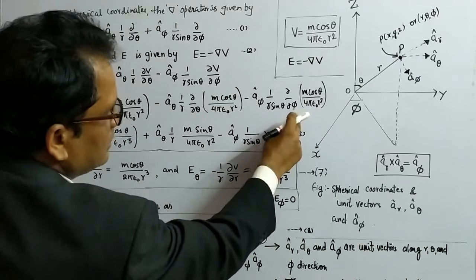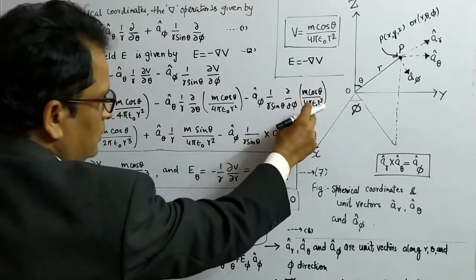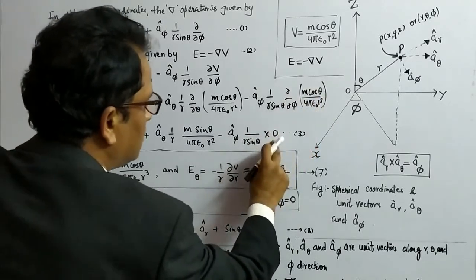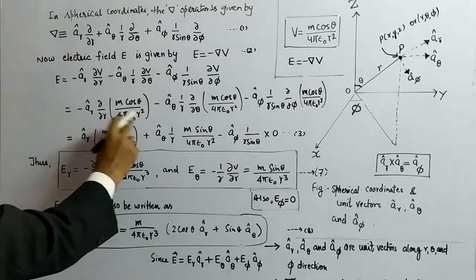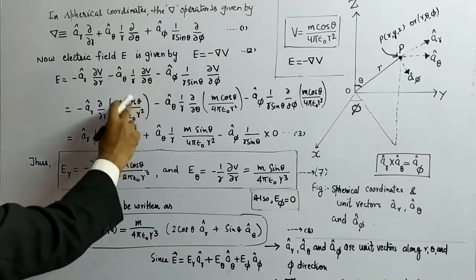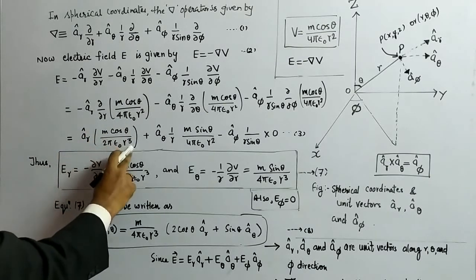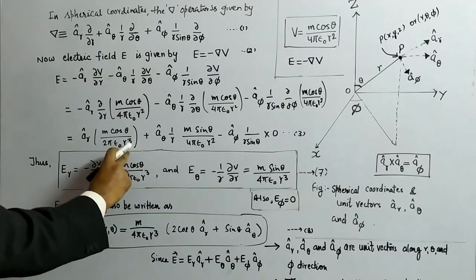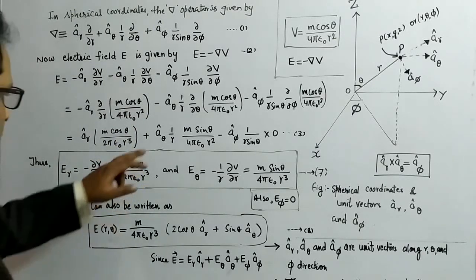As you can easily see, this term is not depending on phi. That is why differentiation with respect to phi will be 0. This is a function of r, so I will differentiate it. It will give me m cos theta upon 2 pi epsilon naught r cube. R square has now changed into r cube after differentiation.